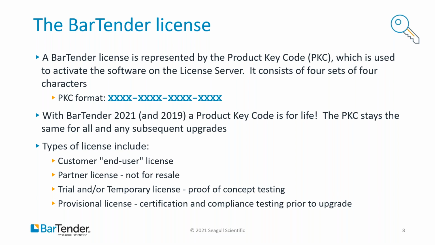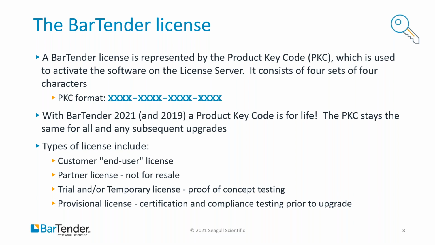It consists of 4 sets of 4 characters, and you can see there in the slide the format in which that PKC takes, product key code. So it is this code that when you purchase a license is what is given to you from Siegel Scientific, typically these days by way of an email or through one of the websites.